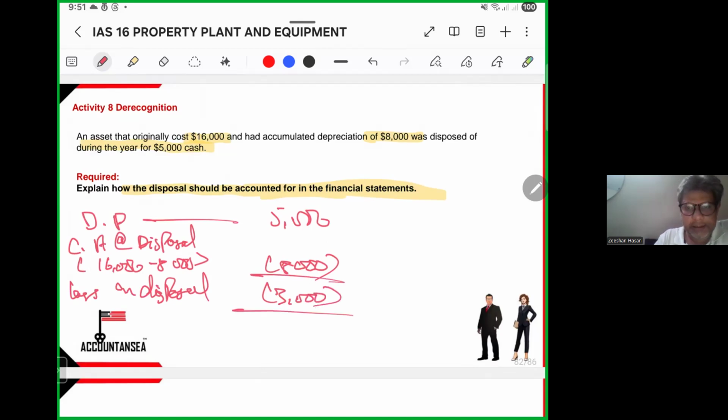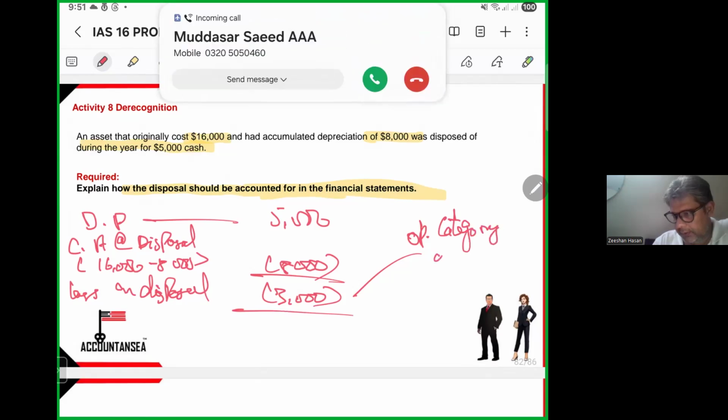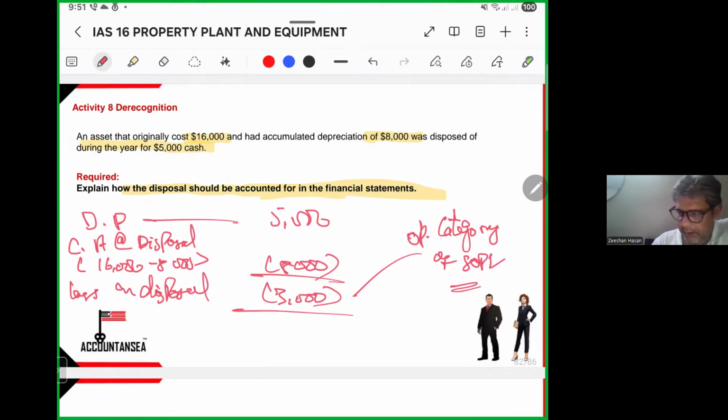Okay, so it will be recognized in the operating category of the statement of profit or loss. So far, so good. I hope it is clear till here.